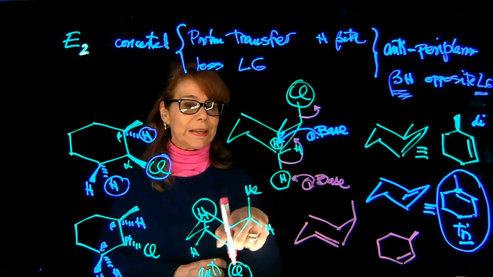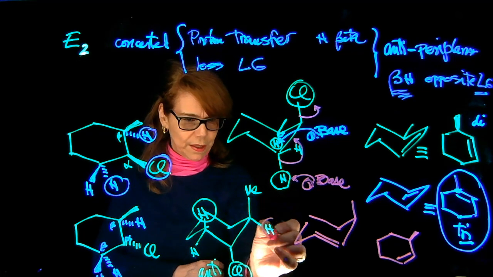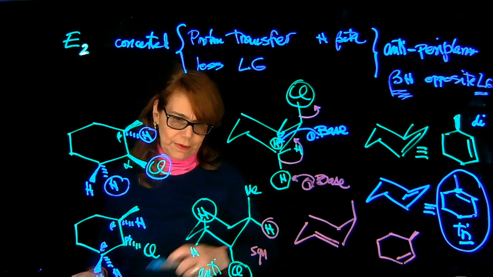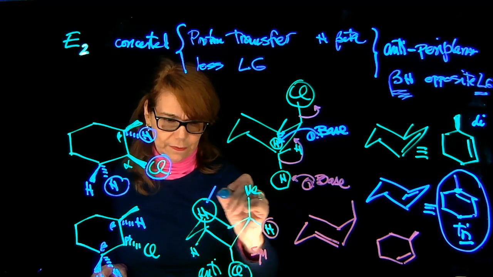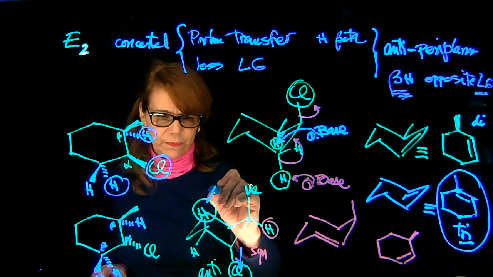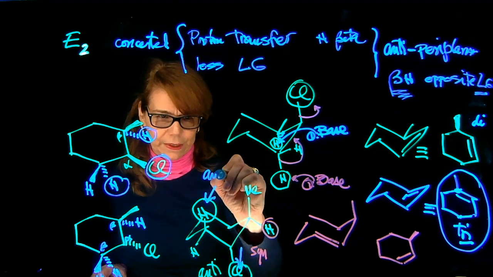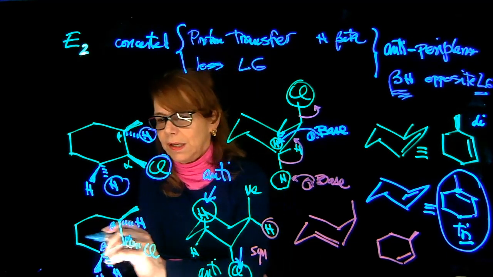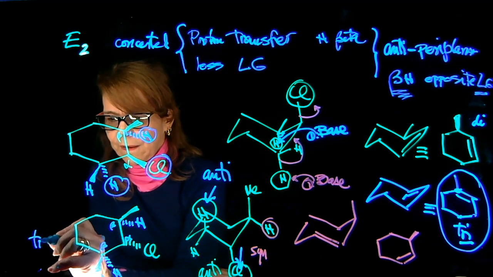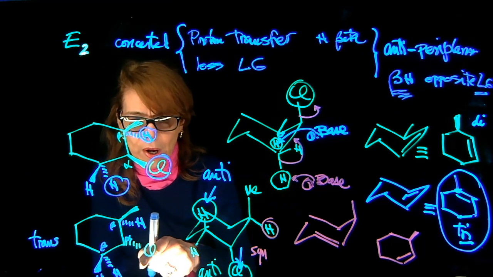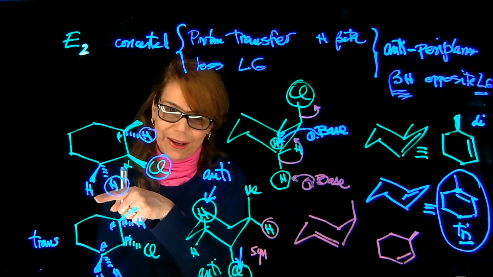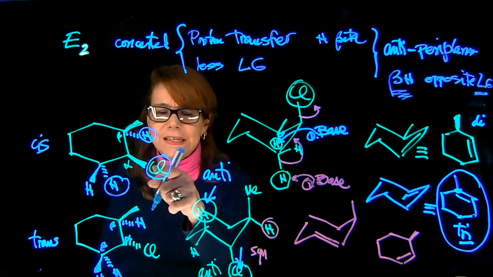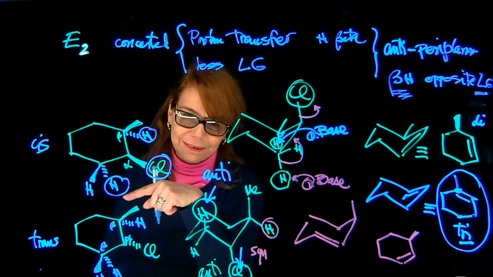And remember, you cannot eliminate on the other side because those two are pointing the same way and they need to be anti. These two are opposite, this and that. These two are anti-periplanar. That's why we have only one product with the trans 1-chloro-2-methylcyclohexane, and we have two products when we have the cis 1-chloro-2-methylcyclohexane.